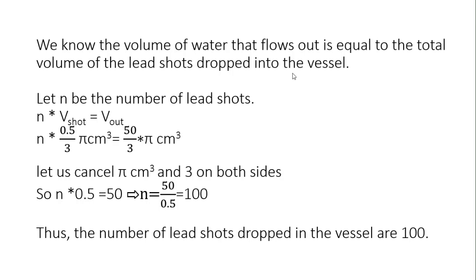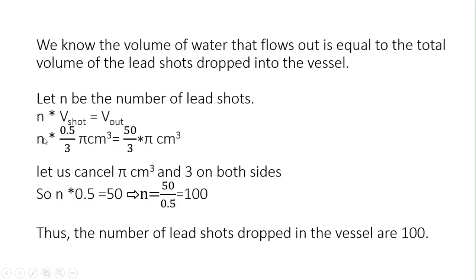So total volume becomes n into volume of single lead shot. That's what I have written here. Okay, n is the number of lead shots that are dropped into the conical vessel. So n into volume of single lead shot is equal to volume of the water that flows out. Is it clear now?